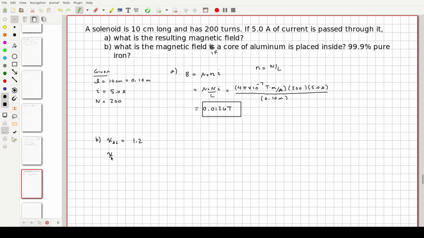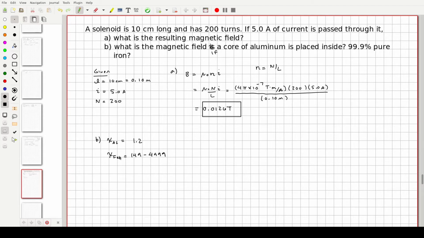Now for iron, actually let me just write it as Fe to be consistent here. For iron, it varies. The susceptibility isn't linear. It's not just a constant like this. It goes anywhere from about 149 to 4,999. So it varies tremendously.